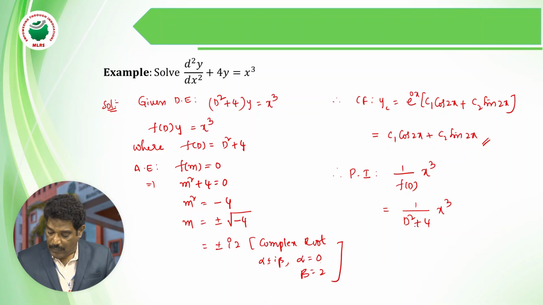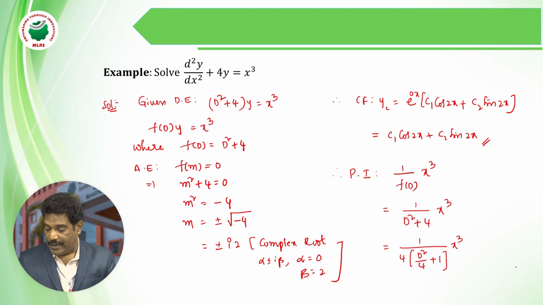In the denominator, what is the lowest degree term? D square is second degree, 4 is 0 degree. So from these two, the lowest degree term becomes 4. So taking 4 common, we get D square by 4 plus 1 into x cube.